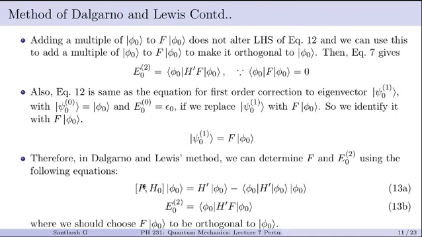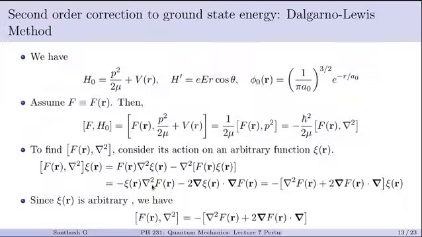We know that f is a function of r only, and the form of H0 is also known, and therefore we can compute the commutator of f with H0. Substituting for H0, we have the commutator of f(r) with p square by 2 mu plus V(r).